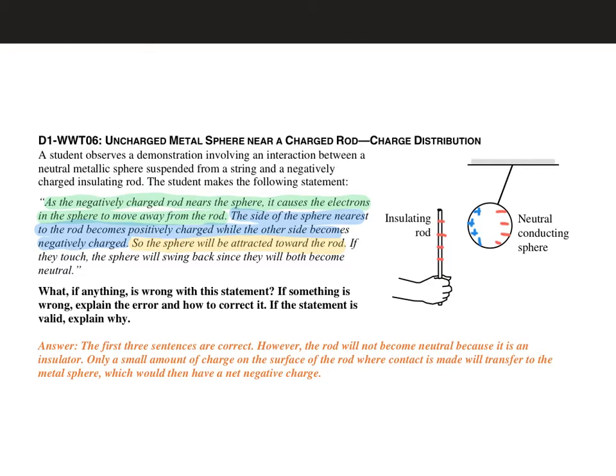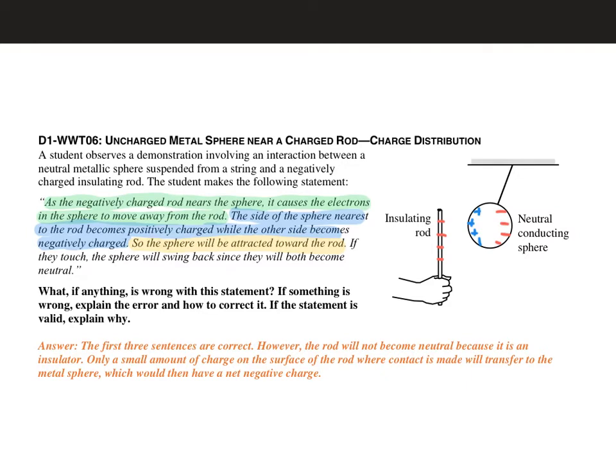So more deeply, like I said before, an insulator can hold a charge, and the reason for that is that irregularities in its surface allow for excess negative charge to be there. But it can't equalize charge on its surface.